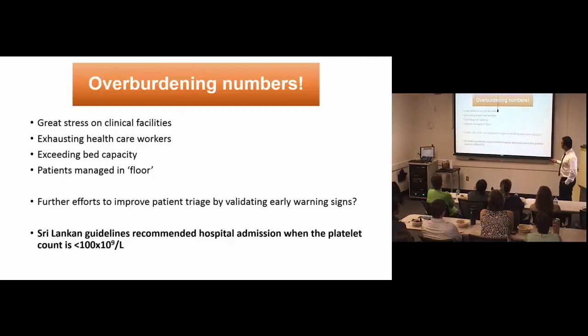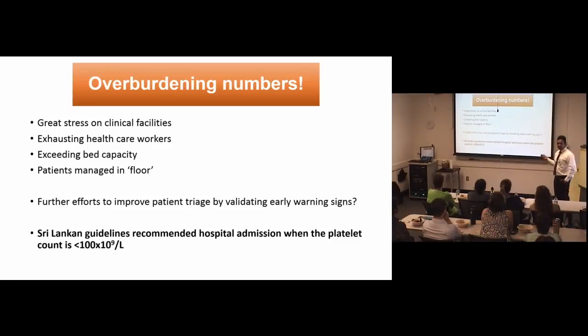So we came across overburdening numbers. There was great stress in the clinical facilities. There was exhaustion of the healthcare workers, exceeding bed capacity, and we were managing patients mainly on the floor. We had to give them mattresses and manage the patients on the floor because we didn't have enough beds to accommodate those people.